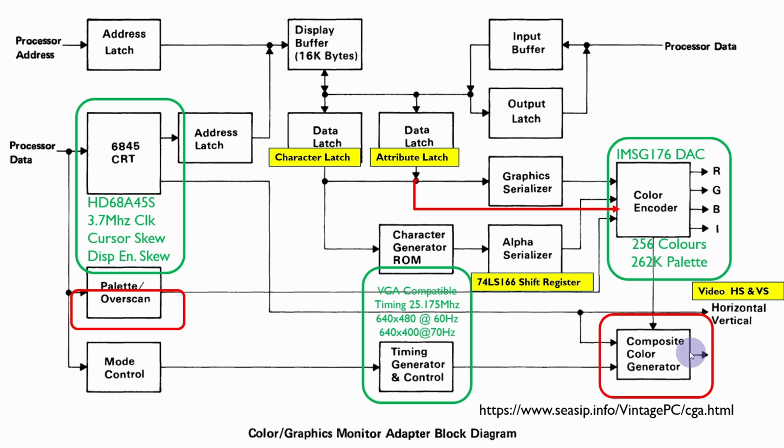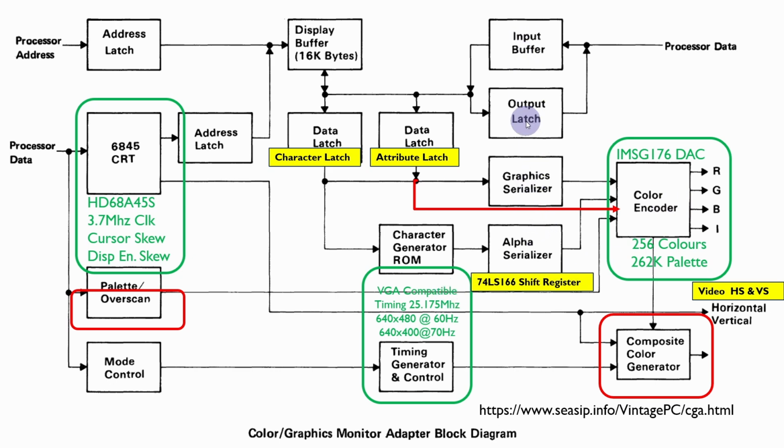And we're not bothering with the composite color generation, which is used to produce the composite color needed to drive color TVs and composite output on monitors. Because we're going to be using a more modern VGA video output digital analog converter, that's actually going to take our digital color information and produce the necessary voltages needed for more modern VGA compatible monitors.